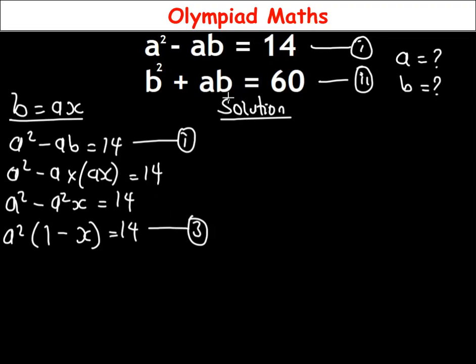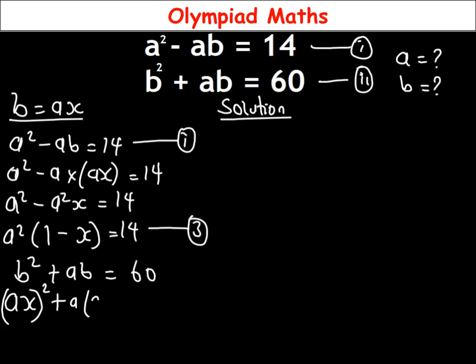Okay, now from equation 2, that b squared plus ab is equal to 60, right? Now the value of b is ax, so ax all squared plus a times ax is equal to 60. ax all squared is a squared x squared, then plus a times ax is a squared x, equal to 60.